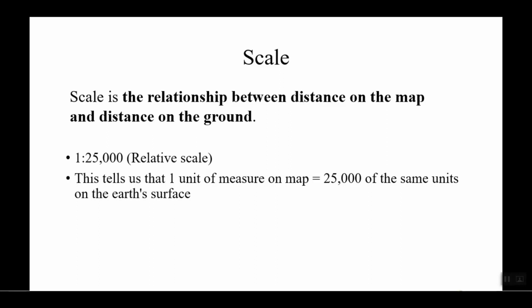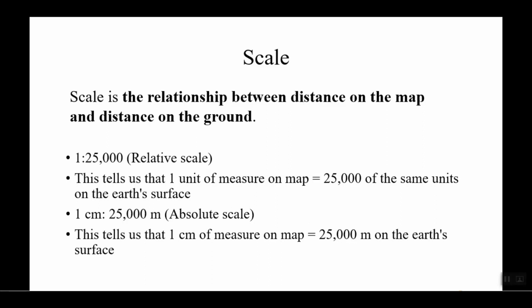The other one is the absolute scale, which represents 1 centimeter on the map which is equal to 25,000 meters on the earth's surface. So the difference between the both of them is that the absolute scale mentions its unit while the relative scale doesn't.